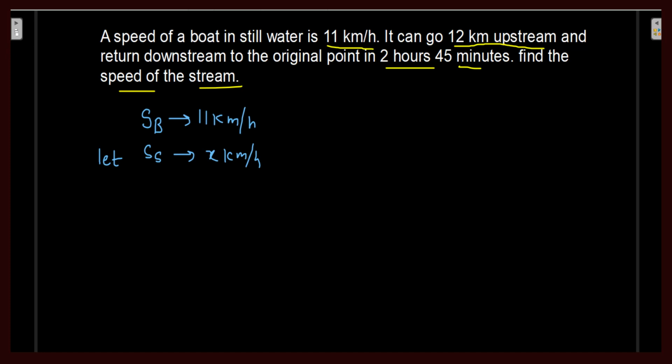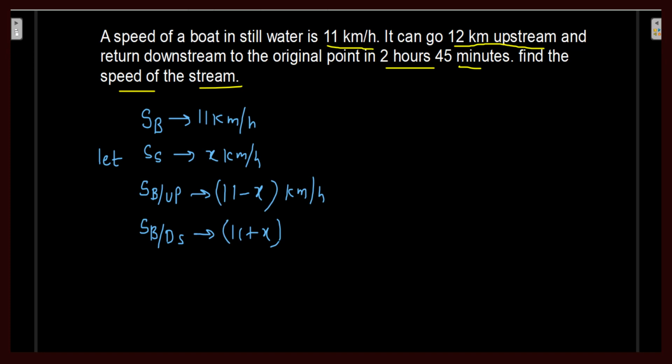And therefore here we can say that the speed of the boat upstream will be 11 minus x kilometer per hour, and the speed of the boat downstream will be 11 plus x kilometer per hour.